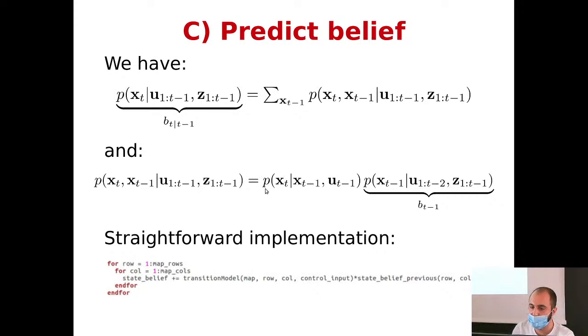I have my prediction model and I have my previous belief, so I have to multiply them and plug it inside. State belief plus equal transition model times state belief previous. I take the previous table, pick the corresponding probability value, compute the value of the transition model, multiply them, and add to the state belief.